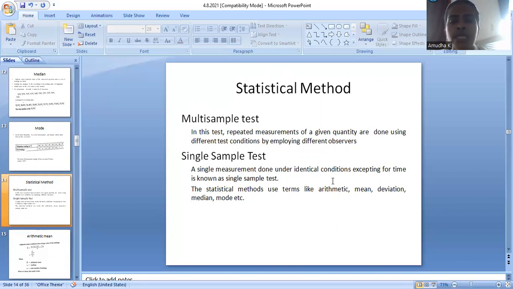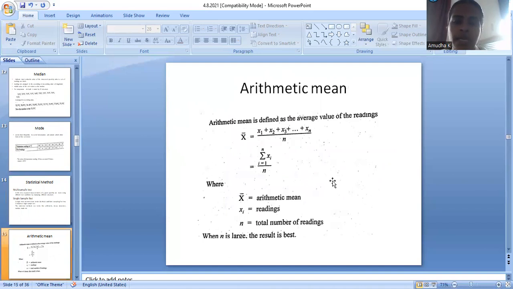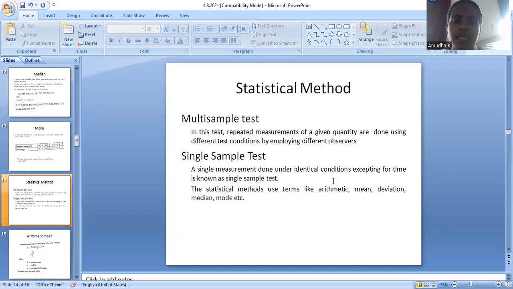The statistical method uses terms like arithmetic mean, deviation, median, mode, etc. These are all things we already know from error analysis, and we can use the same things in the statistical method.